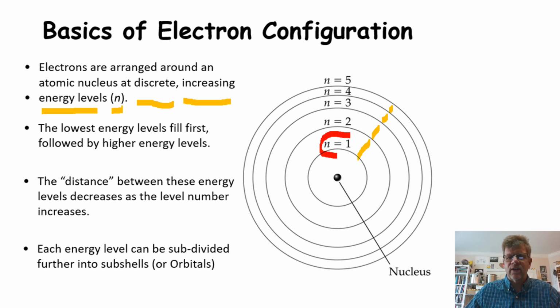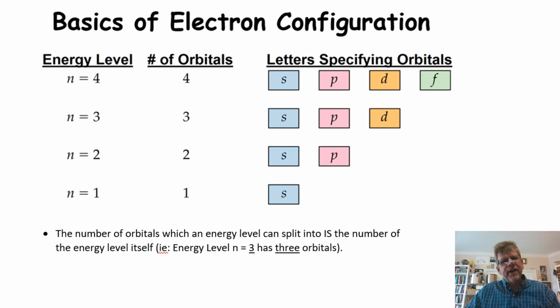So we're going to see that they're more complex than just concentric spheres around one another, and we're going to be breaking them down further and further until we get to a point where each electron within an atom has its own set of coordinates, or its own address, if you will. So let's take a look graphically at how energy levels are broken down into orbitals.